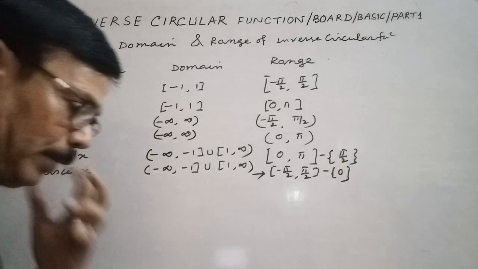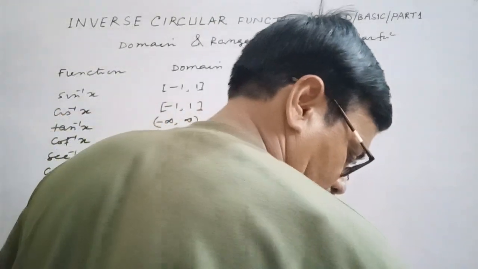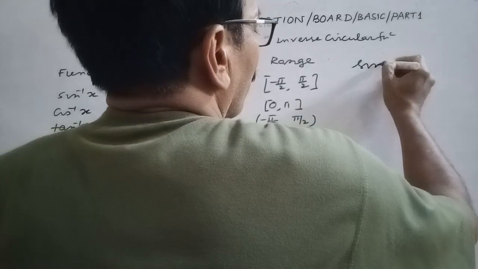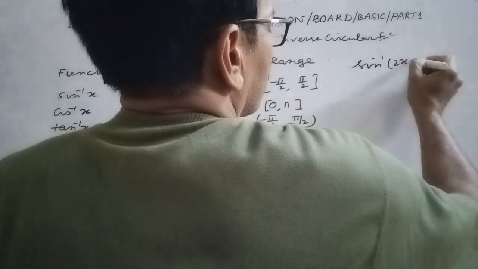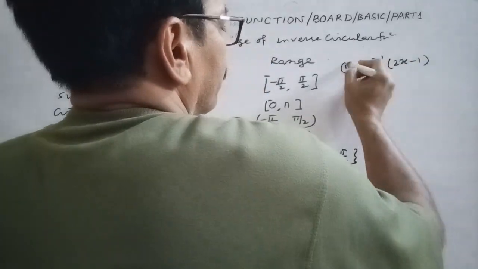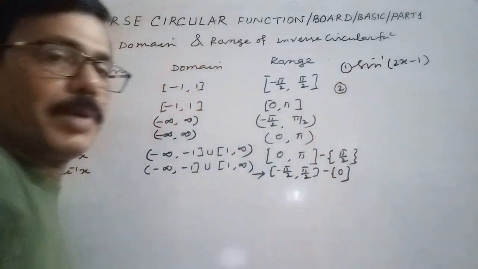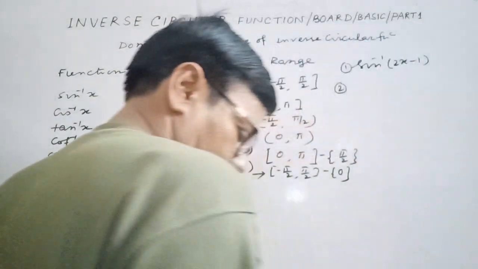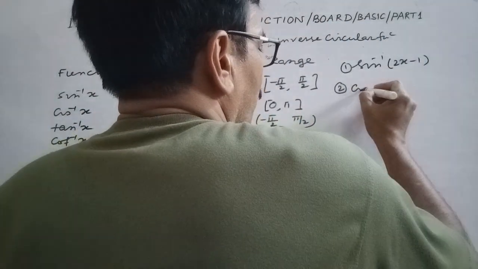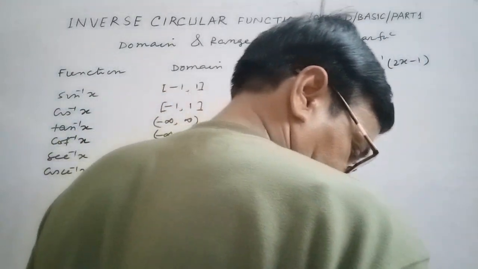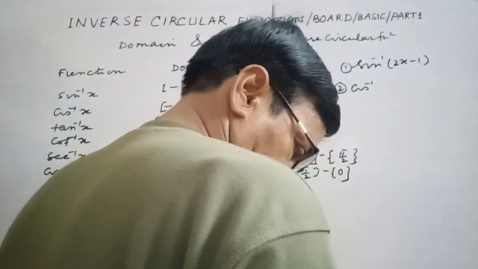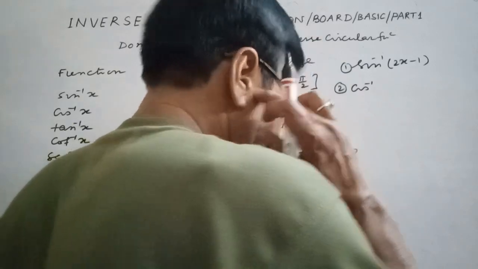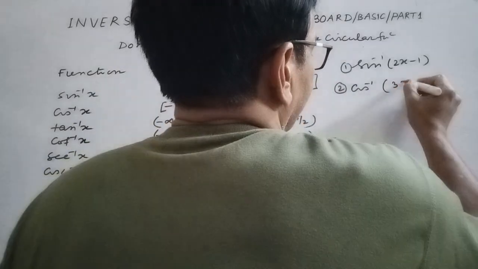So this is our first exercise. Find the domain of: number 1, sine inverse of 2x minus 1. Number 2, cos inverse of 3x minus 1.